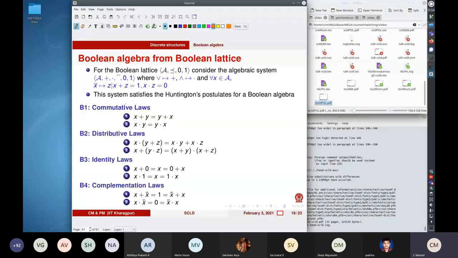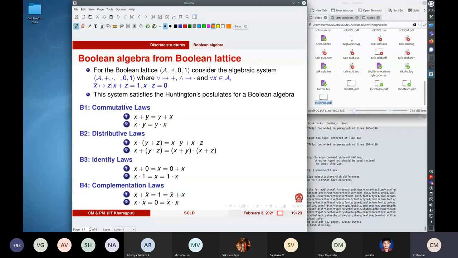And the complement of any element, because this is an algebraic system with plus, dot, and complement. So the complement of an element X is an element Z satisfying the complementation laws in a lattice. Okay.